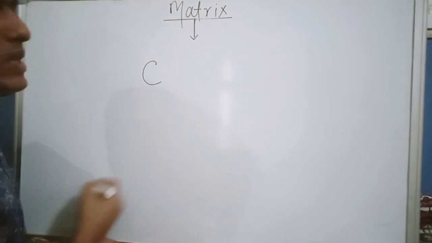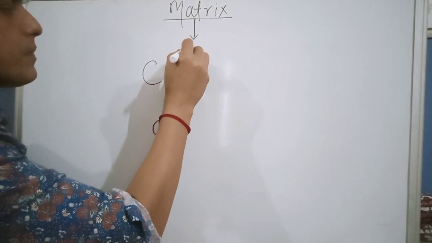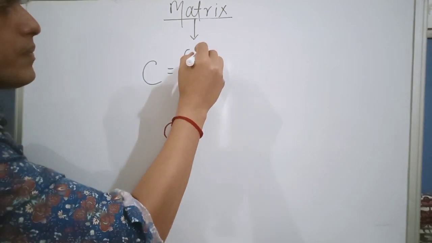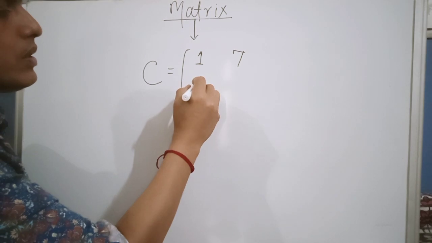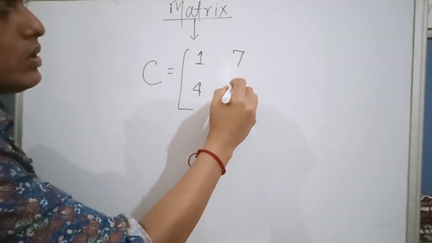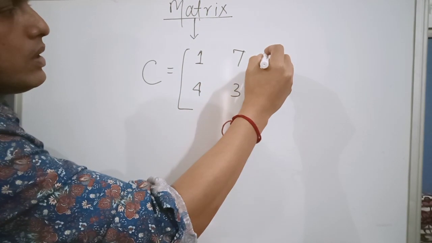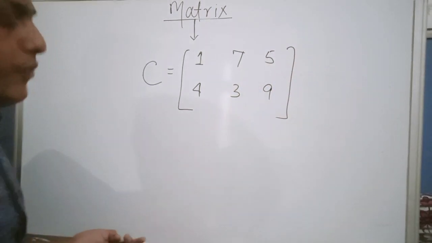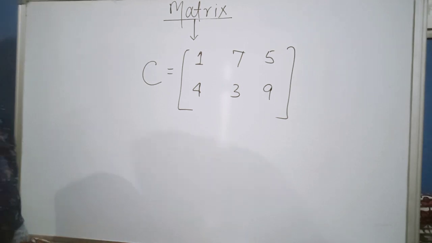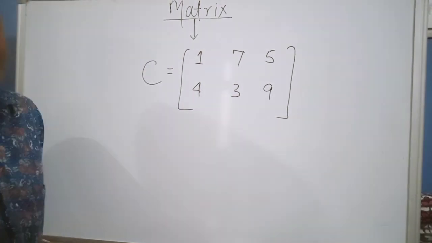Name of the matrix is C. 1, 7, 4, 3, 5, 9. We have to find how many rows and how many columns are there.